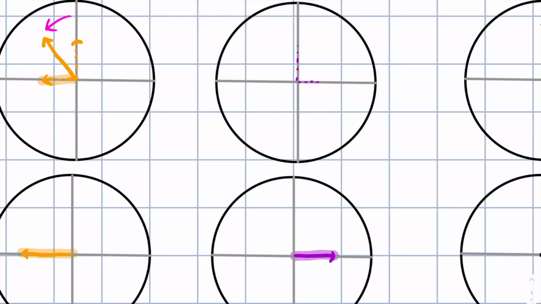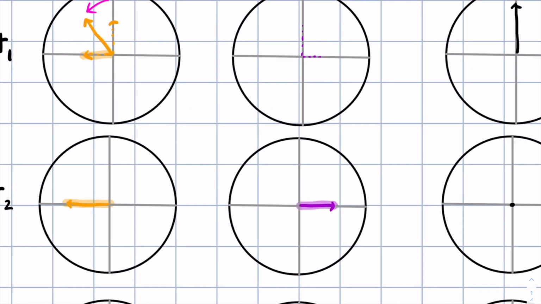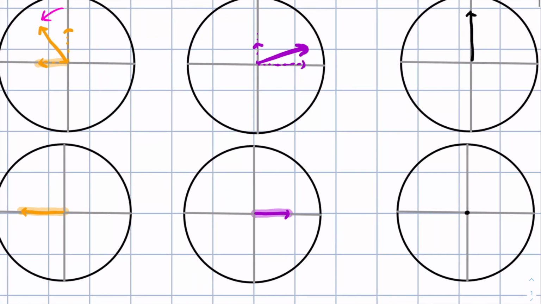What if the clockwise light propagates really, really fast, so that when we're analyzing it, the vector has moved to that point. Now the x component in purple is way bigger than the x component in orange.